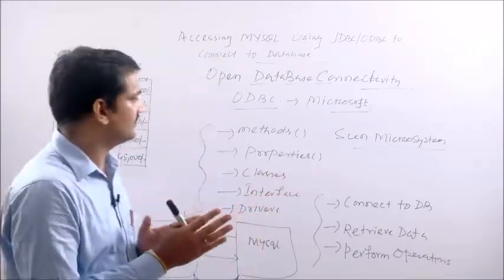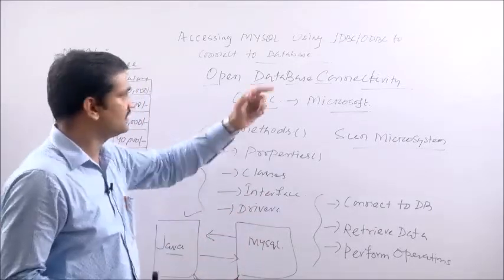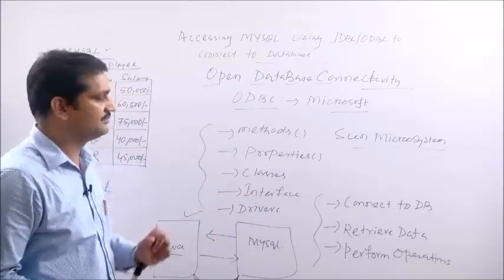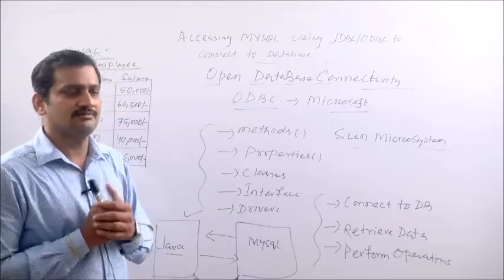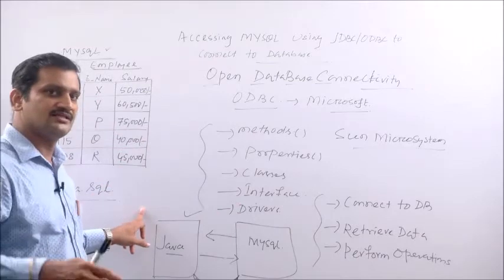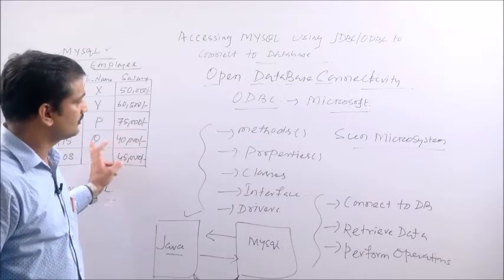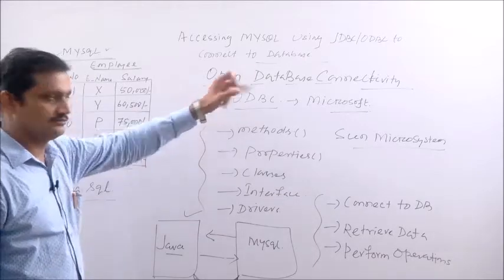It can be used by any application to interact with any database. That is why the name is Open Database Connectivity. We can use ODBC to connect any application to databases like MySQL, SQL Server, Oracle. These are different database applications available nowadays. To communicate with all of them, we can use ODBC.